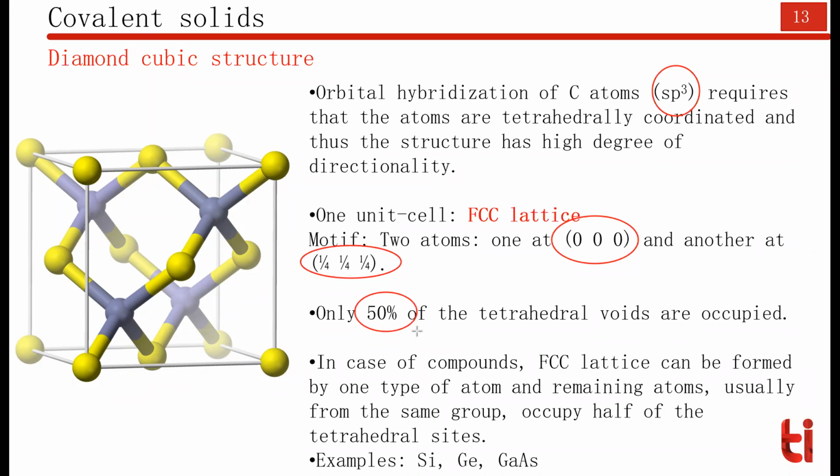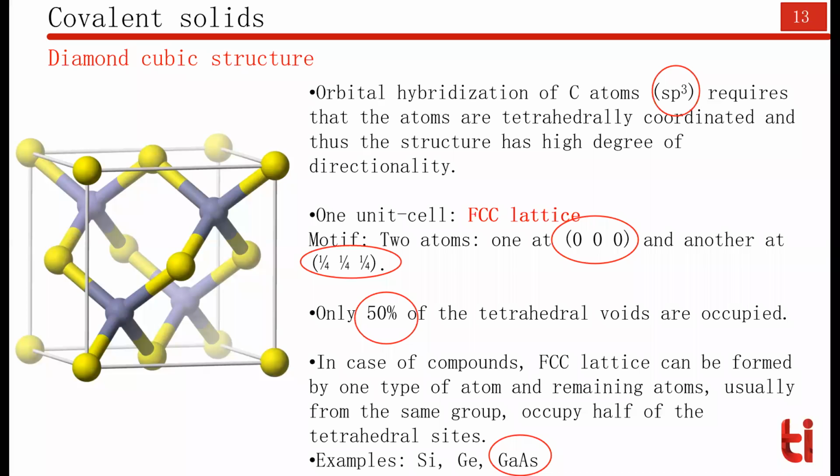the tetrahedral sites. For example, if you have a semiconductor like gallium arsenide, then gallium goes and occupies the lattice site, while arsenic, being a smaller atom, goes and occupies the tetrahedral site.